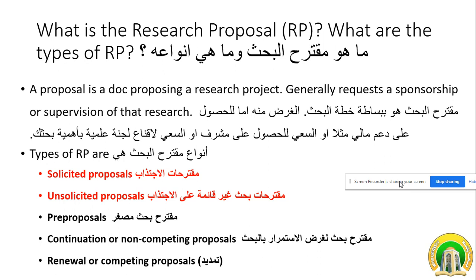We call them the pre-proposals, continuation or non-competing, and the renewal. So in Iraq, and based on my experience, we're depending on the first two. In case you need an extension, you don't need to represent again what we call a renewal proposal.